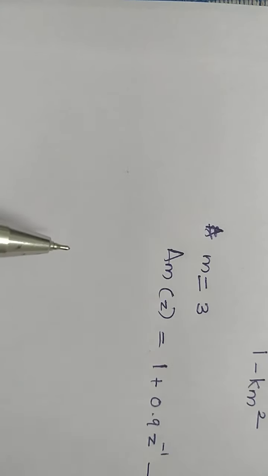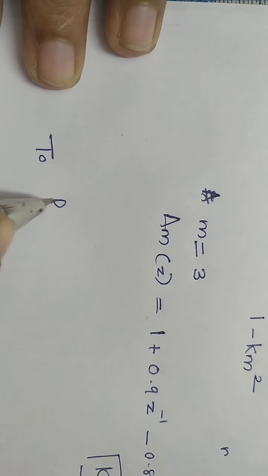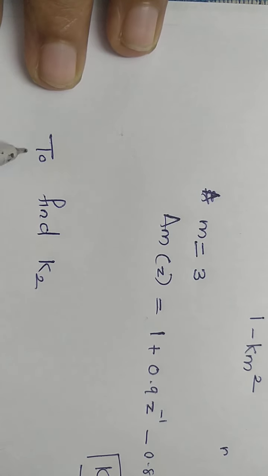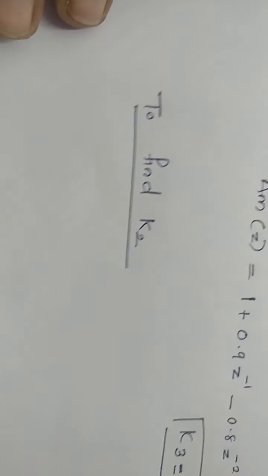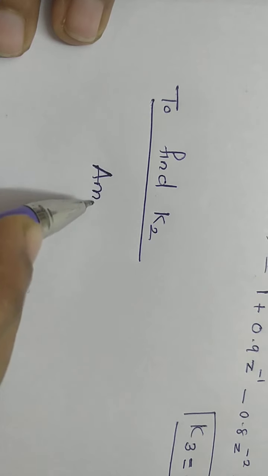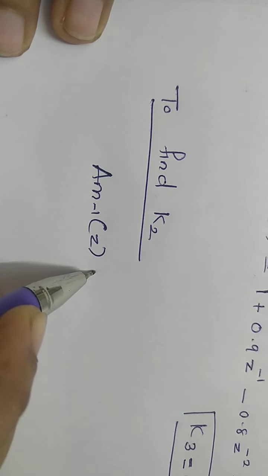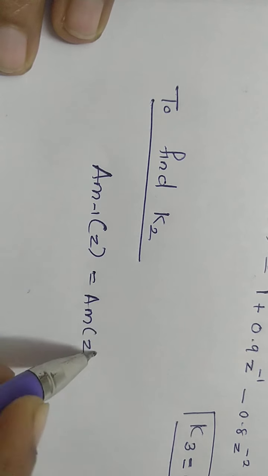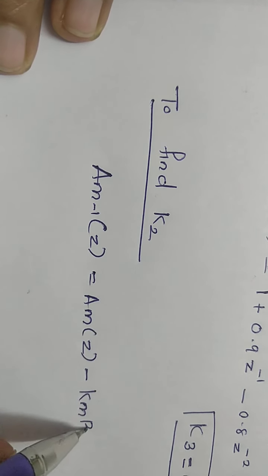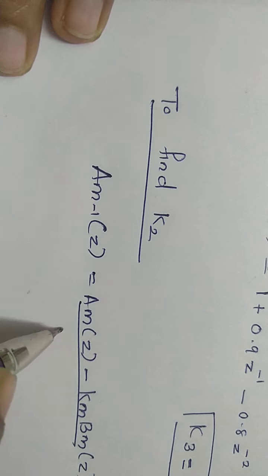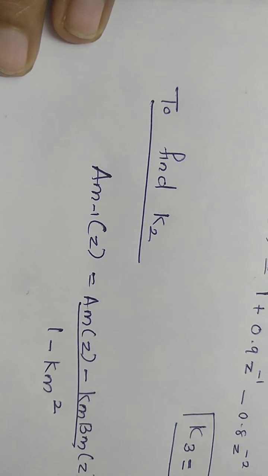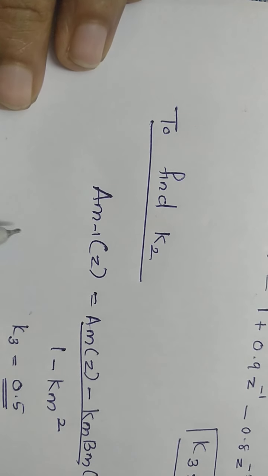So the next step is to find the value of K2. For finding out the K2 value, I am writing the equation one more time: Am minus 1 of z is equal to Am of z minus Km Bm of z by 1 minus Km square. We know the m value is 3, and the K3 value we already found, it is 0.5.